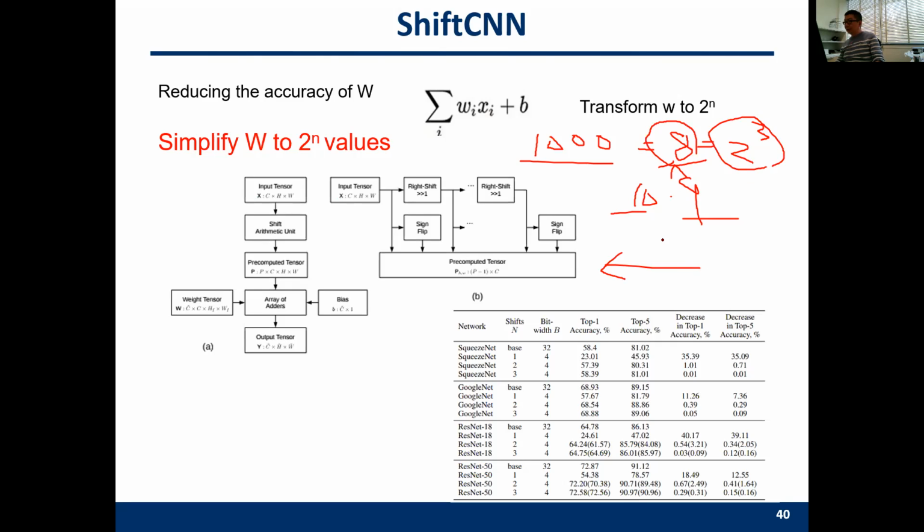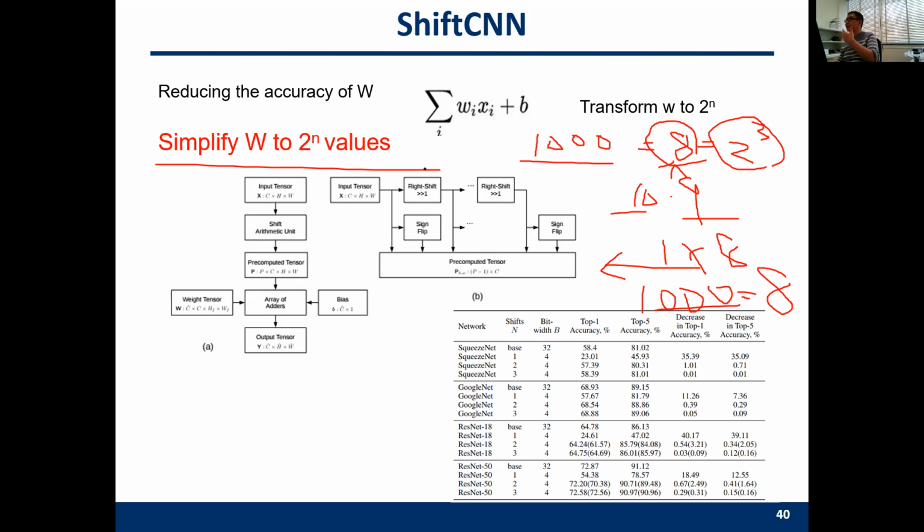For example, originally your input is 1. When you multiply by 8, you do a shift by 3 bits, and this number is 8. So if you quantize your weight to 2 to n representations, then you can eliminate the need for a multiplier.